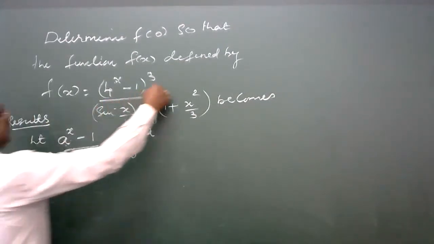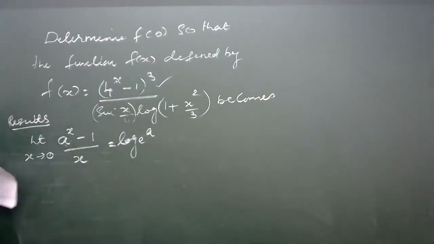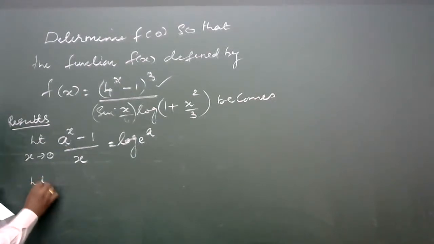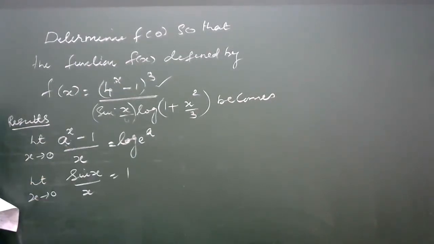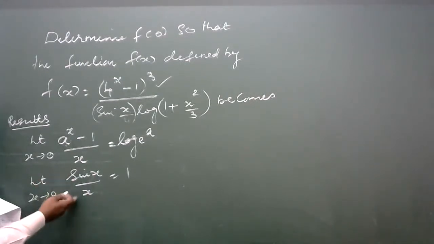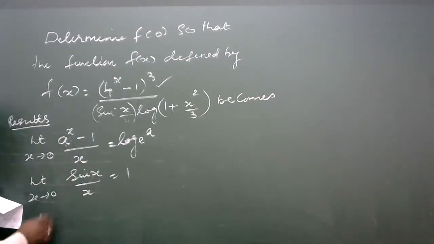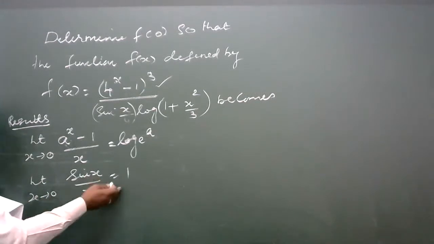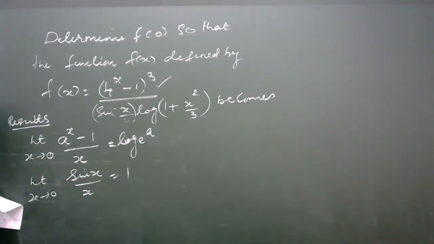Here it is useful for the function which is on the numerator. Now this also you studied, basic things: limit tan x upon x is also 1, and limit x tends to 0, cos x is equal to 1.